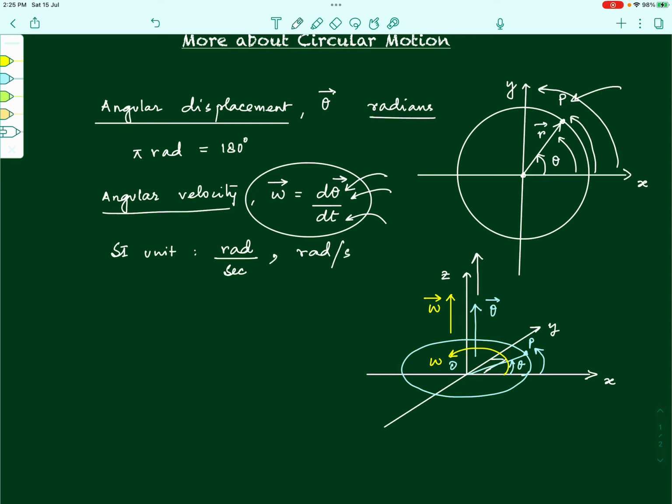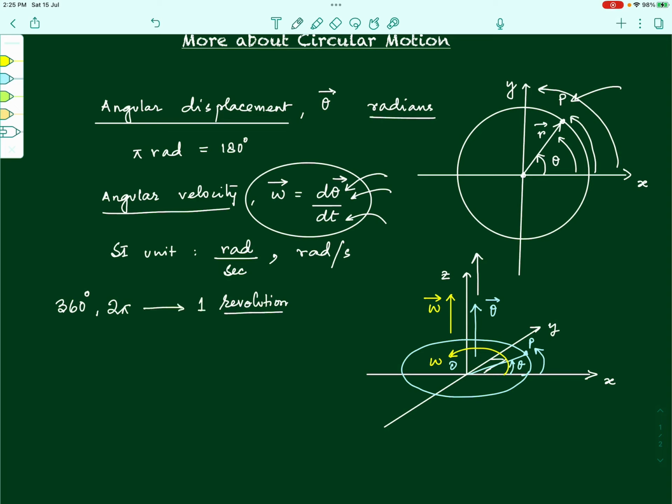Sometimes you might have to work with other units like revolutions per second. So, for that matter, one revolution, I hope all of you understand, corresponds to one full circle covered by a body, which corresponds to 360 degrees of angle covered or 2 pi radians of angle covered. This corresponds to one revolution, right?